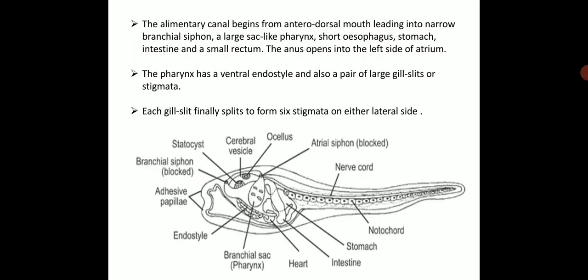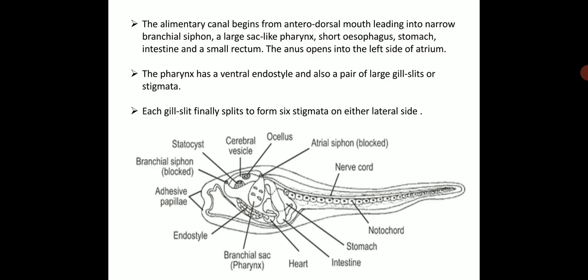The alimentary canal begins from the anterior dorsal mouth leading into a narrow branchial siphon, a large sac-like pharynx, a short esophagus, stomach, intestine and a small rectum. The anus opens into the left side of the atrium.